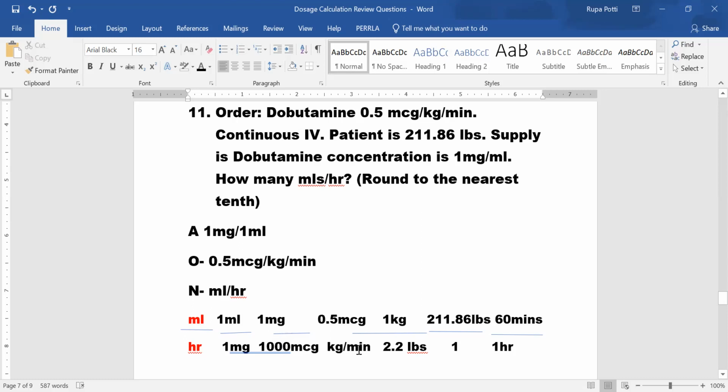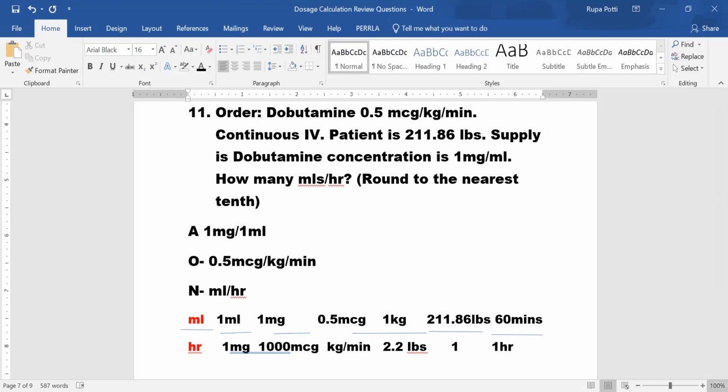So you're going to use a conversion factor. 1 kilogram is 2.2 pounds. And because you have pounds in the denominator, you will have pounds in the numerator, which is your patient's weight, right? And again, you have minutes remaining, but you need hours. So you need to use another conversion factor, which is 60 minutes is equal to 1 hour.